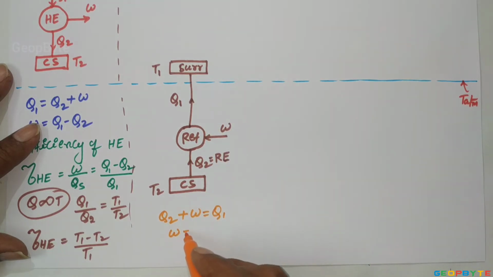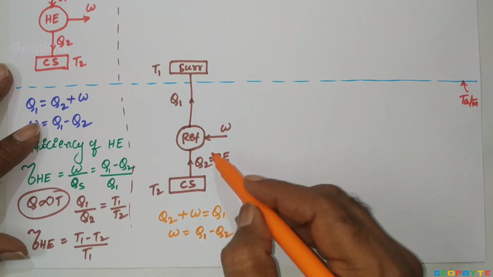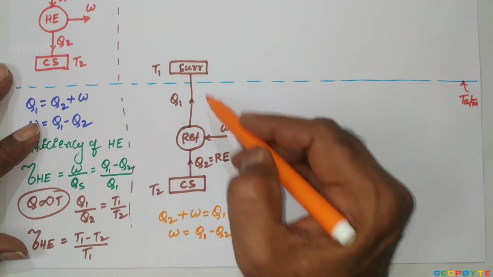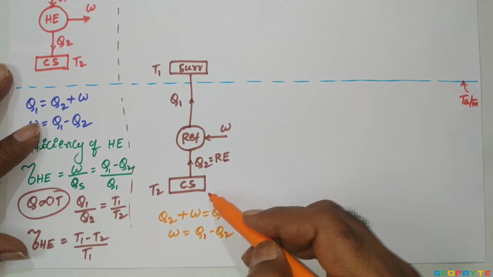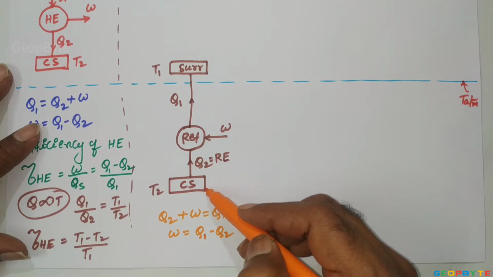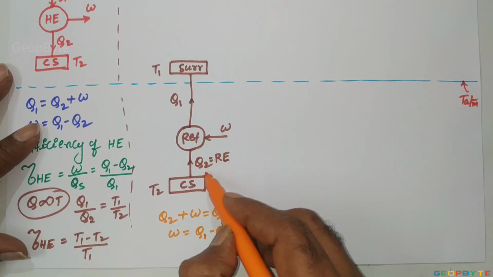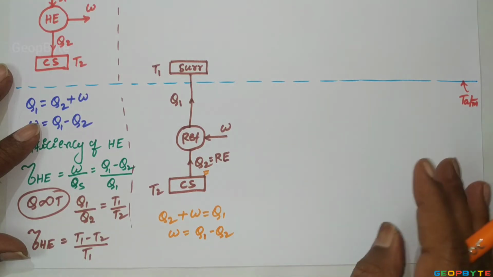Therefore, work input to the refrigerator equals Q1 minus Q2, where Q1 is the heat rejected to surroundings, and Q2 is the heat absorbed from the cold source, that is the refrigeration effect.